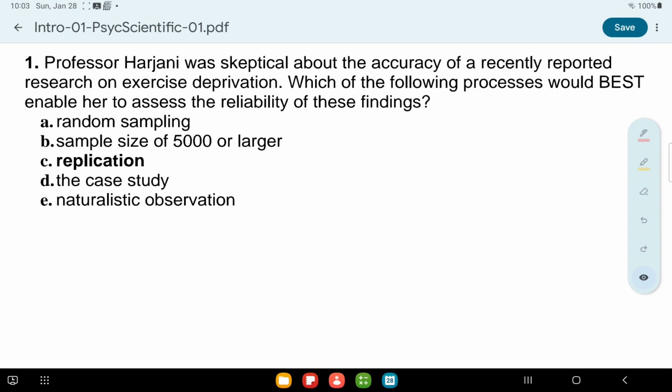It's not necessarily that the scientific method is superior over other ways of knowing such as tenacity, authority, intuition, the rational method, or empiricism, the emphasis on experiences.